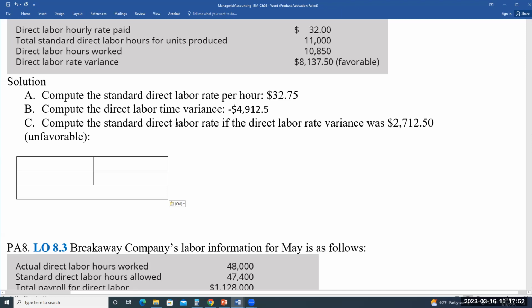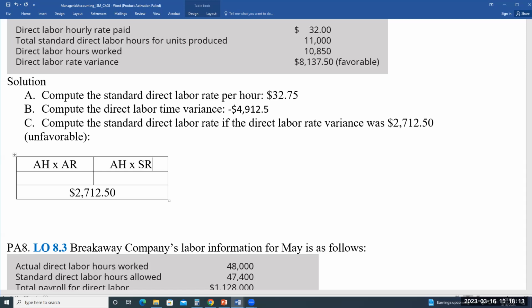Okay, let's see if we can at least get this last part right. We need standard direct labor rate, the standard rate. And we have the labor rate variance. Okay, so we're going to need the first formula here, actual hours times actual rate minus actual hours times standard rate. We know the standard rate is $32.75.